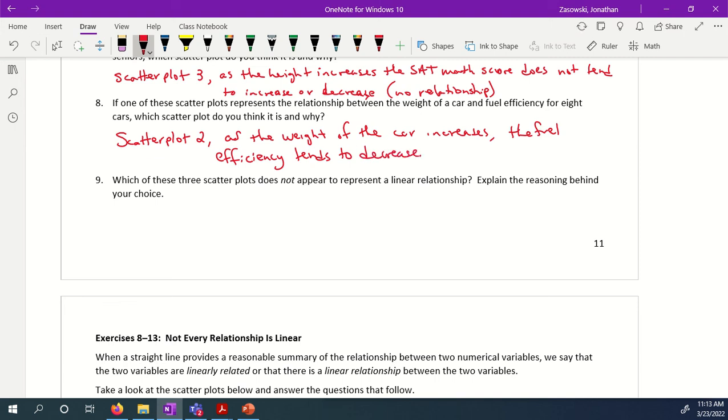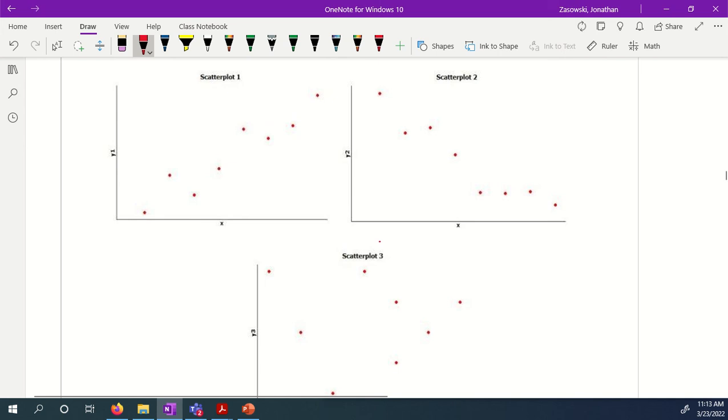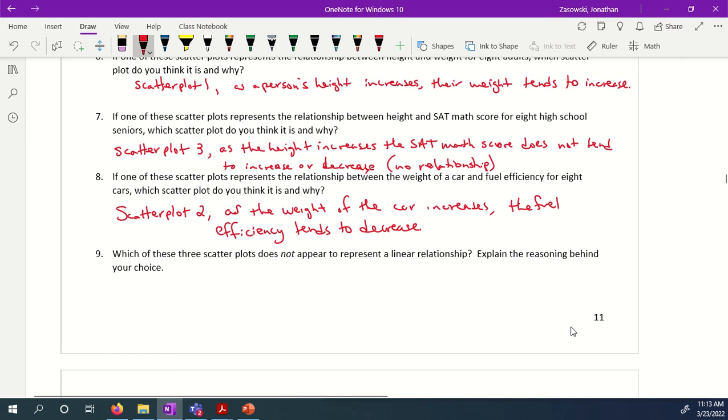Okay, and we can see that on the scatter plot too, that as we go up on the x-axis, as we get bigger, our y values are getting smaller, versus the height and the weight, where our height increases and our weight increases. And then we have our SAT score and height. So as you increase the height, it doesn't tend to increase or decrease. There's really no relationship there. Okay? Which one of these scatter plots does not appear to represent a linear relationship?